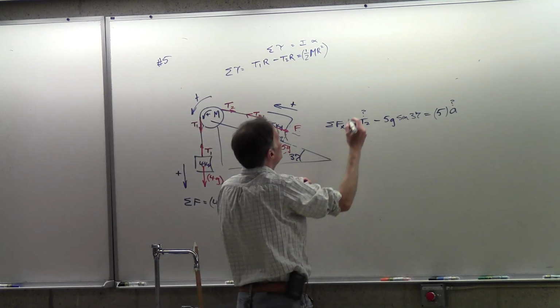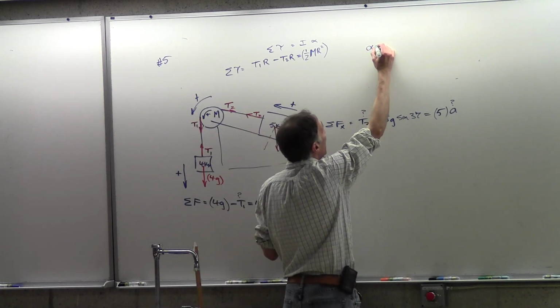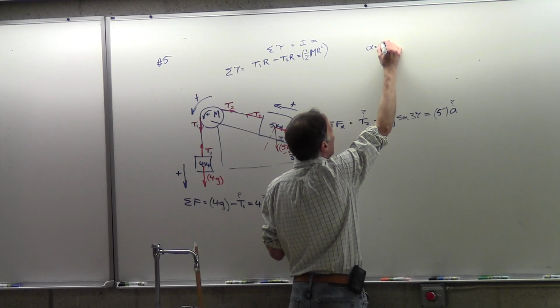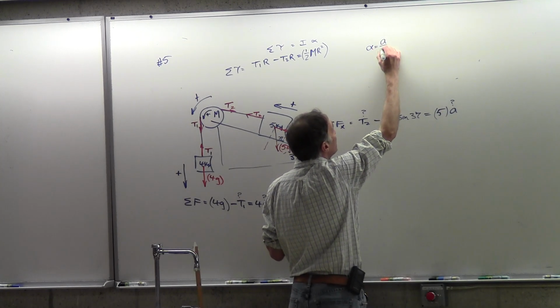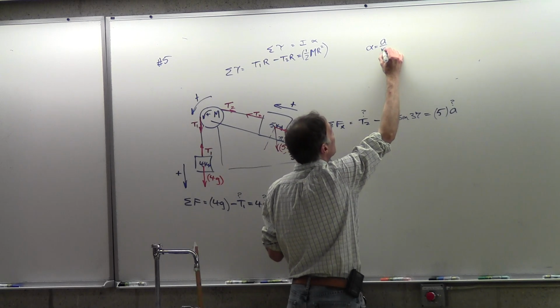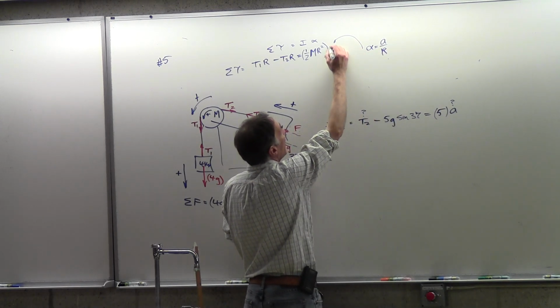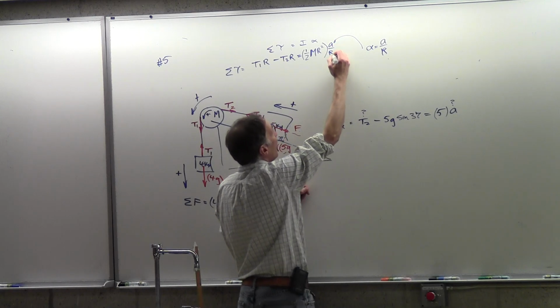One thing I could do, this alpha is equal to A over R. This often gets used when you have a capital R. So I'll put that in here as A over R.